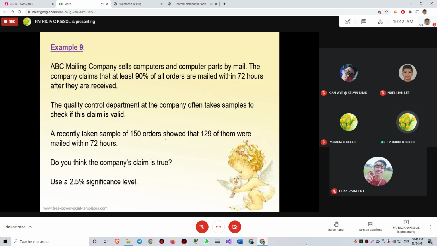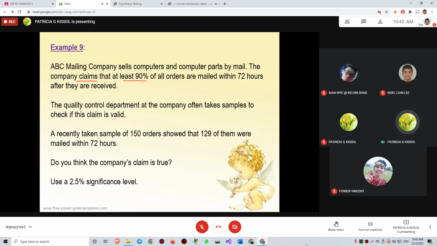Okay, so I hope that is clear. This is another question. This one sells computer parts by mail, and the claim, you see this keyword? At least 90% are mailed within 72 hours after they receive the order.